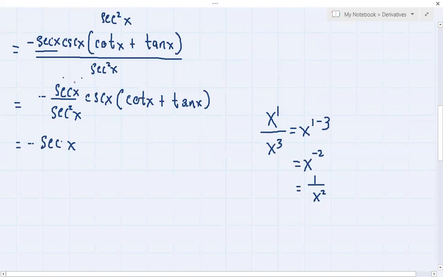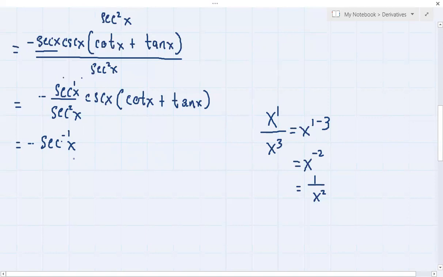Yung exponent sa taas, which is 1, minus yung exponent sa baba, which is naka-square siya, so 2. So, magiging secant x raised to 1 minus 2. So, we will have negative 1 as a result. So, secant x raised to negative 1.